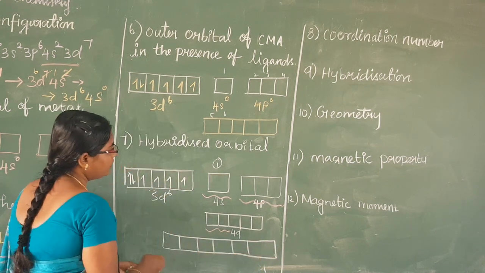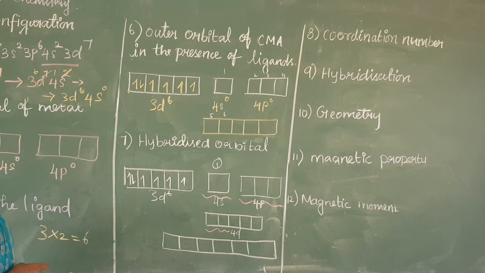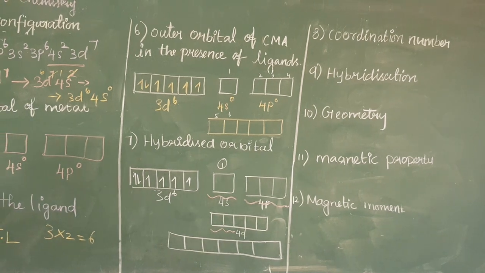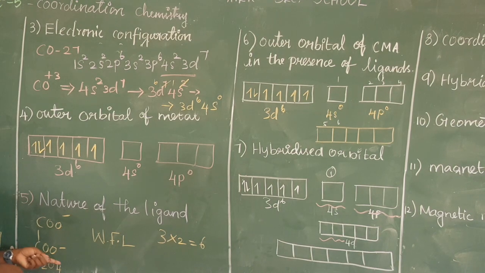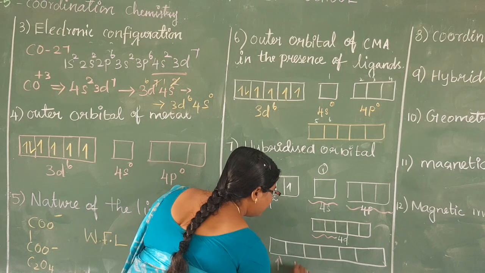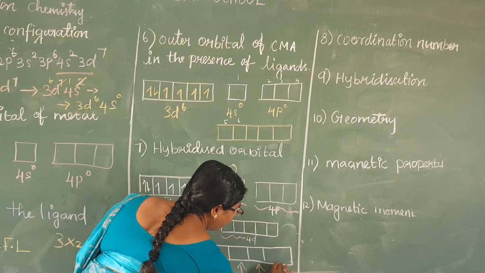Okay, so these 6 donor atoms will donate a pair of electrons towards the central metal atom. 6 ligand in the sense, one oxalate ion contains 2 donor atoms. So the electrons will be donated to the vacant orbitals of the central metal atom.